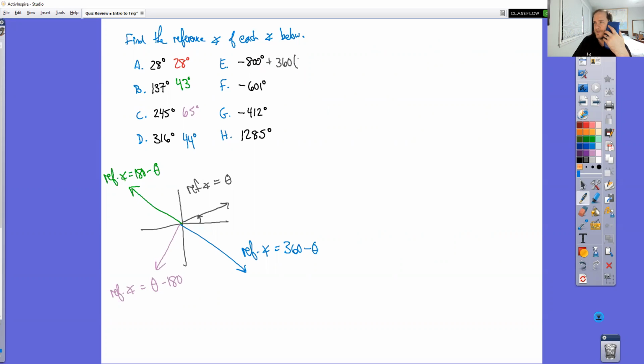That's not quite enough. But if you add on 3, that ought to make you positive. So negative 800 plus 3 360s. I'm getting 280, which pretty obviously lives in quadrant 4. It's 10 degrees past 270. By the way, 10 degrees past means it's 80 degrees more to get to the axis. So that's your answer, 80.